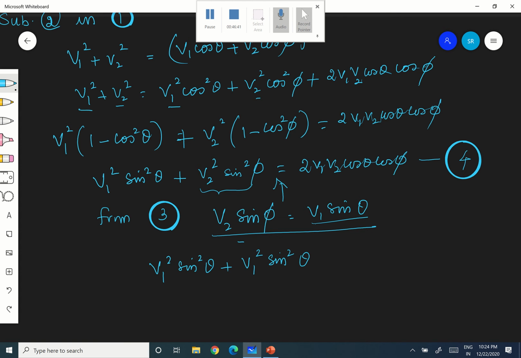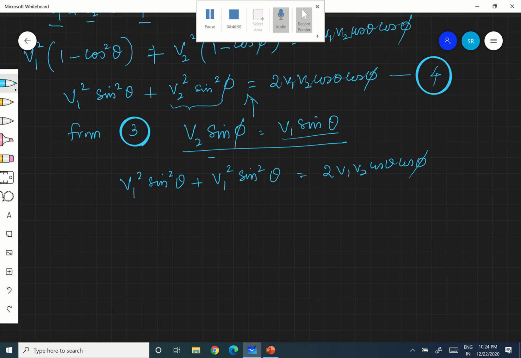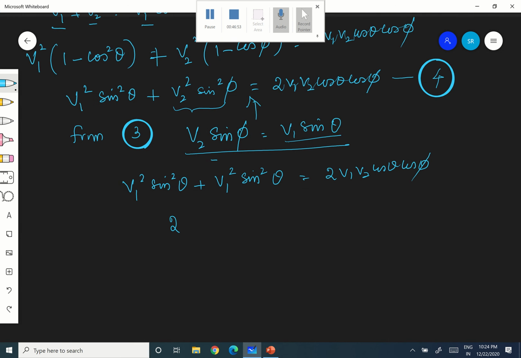In the place of v2 sin phi, you put v1 sin theta. Therefore, that is nothing but 2 v1 squared sin squared theta equal to 2 v1 v2 cos theta cos phi. That's it. Now you have to prove, once again, theta plus phi is equal to 90. So for that only we are doing this much.